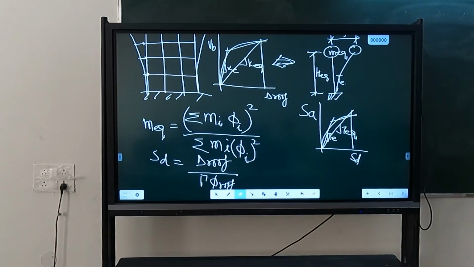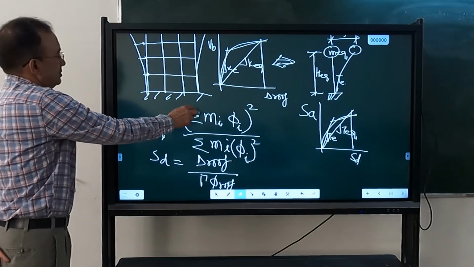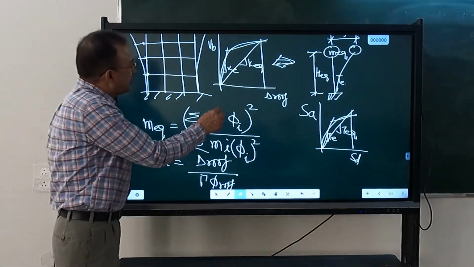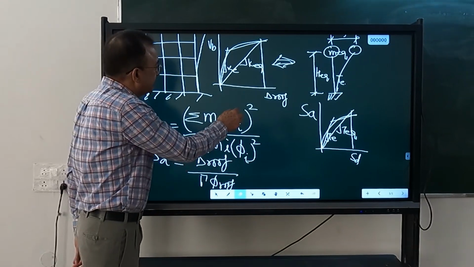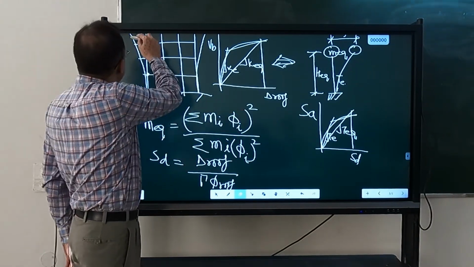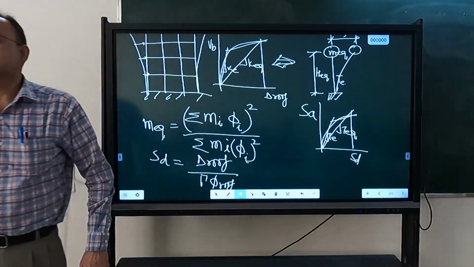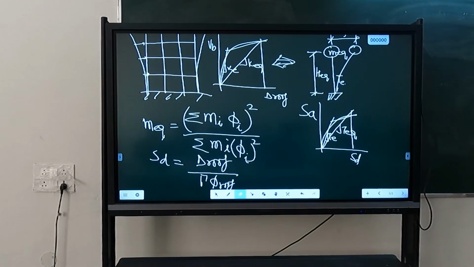To get mass equivalent, you are considering model parameters. I have not written any first or second here; I deleted that. Whatever mode shape or deformed shape you have chosen, I am representing by phi. But while taking the time period from stiffness and mass, we are considering the whole mass of that building or structure.